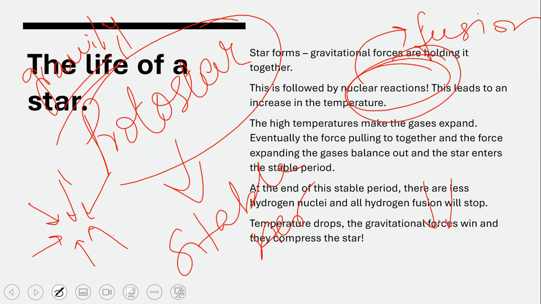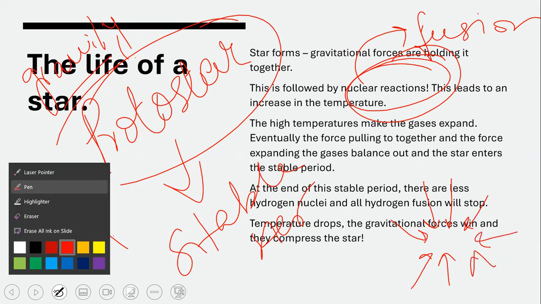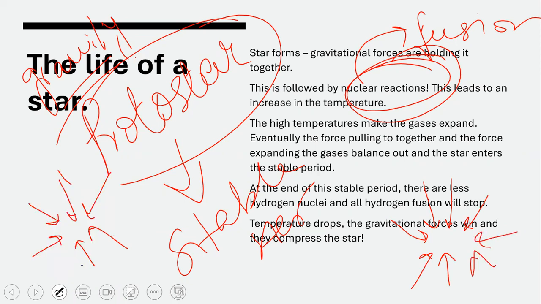The huge amount of heat energy that is released is going to increase the temperature of the gases. So gravitational force is pulling all the gas particles towards the center because it's gravity. The increase in temperature will cause the gas to expand. The gravity will be causing the gas particles to come closer. So they're both working in opposite directions.